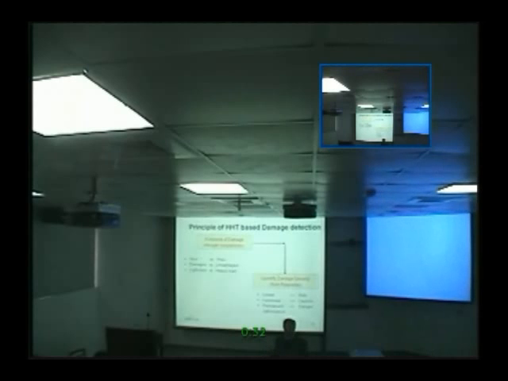Now we are trying to persuade the Taiwan high-speed railroad system to let us take some data to establish the baseline of the bridge, but we are still negotiating with them.